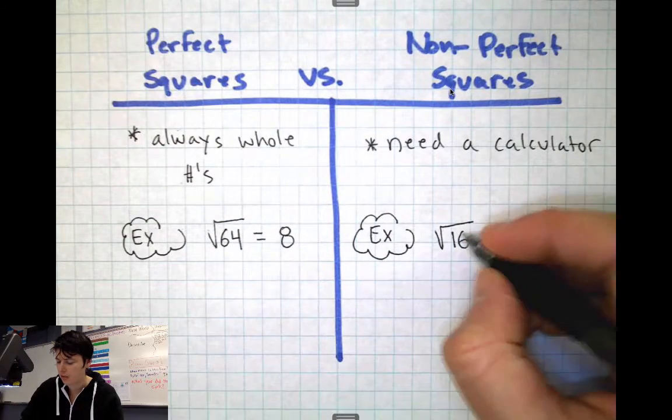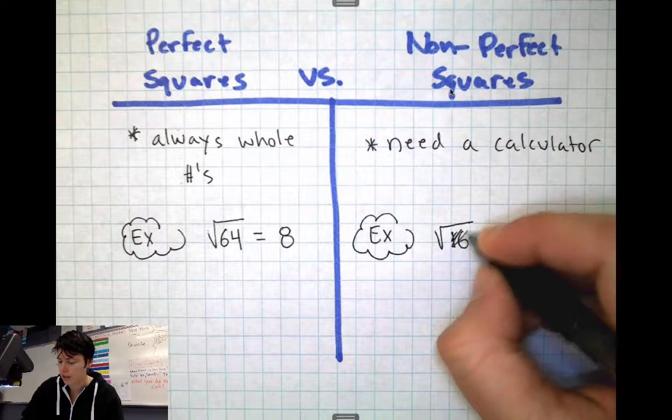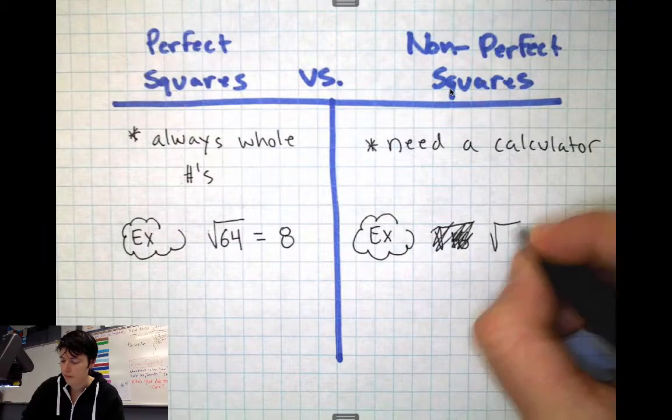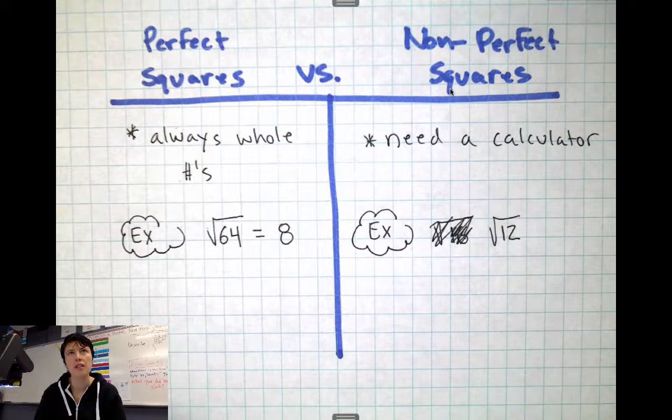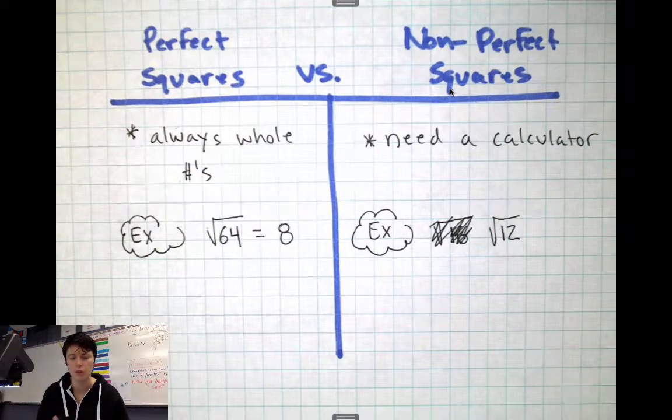Oh, 16, I just wrote 16. I didn't mean 16. I meant the square root of 12. The square root of 12 is not a perfect square. If you try to think of two numbers that are the same and multiply to 12, 3 times 3 is 9, 4 times 4 is 16. The perfect square is somewhere in between. It doesn't exist. There's a number in between there.